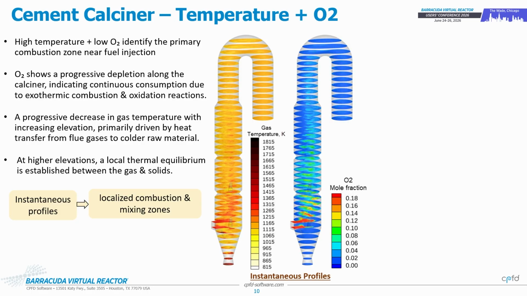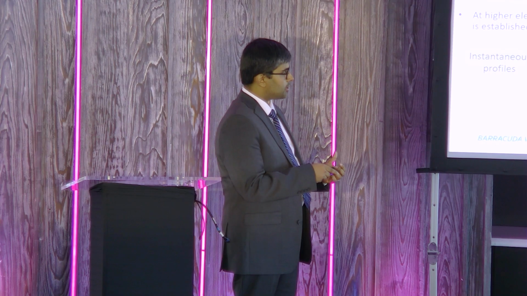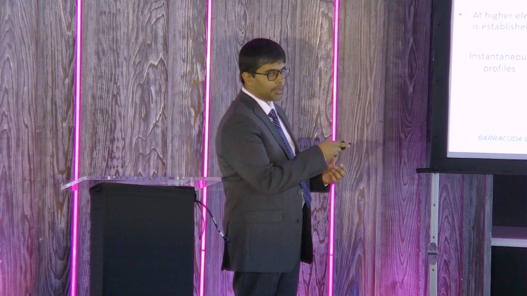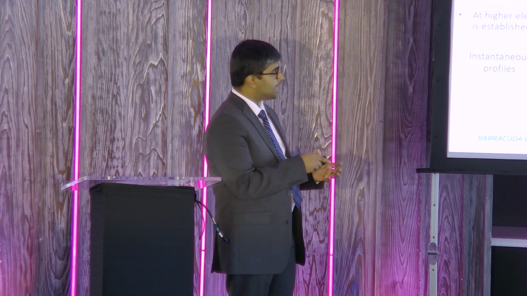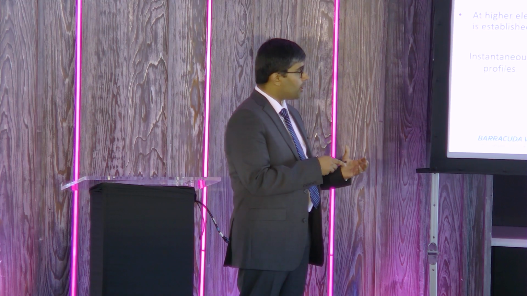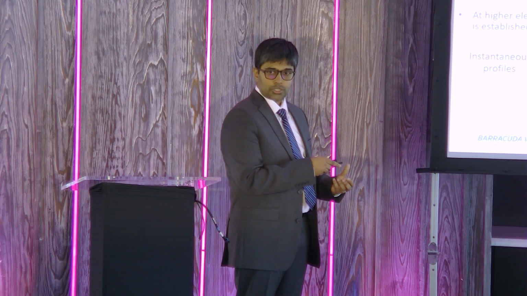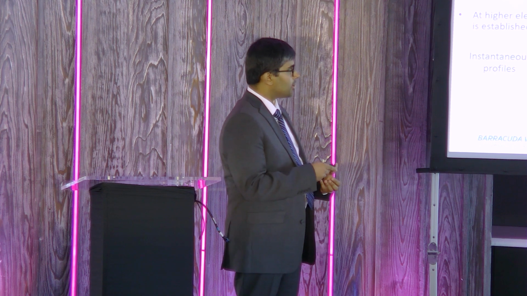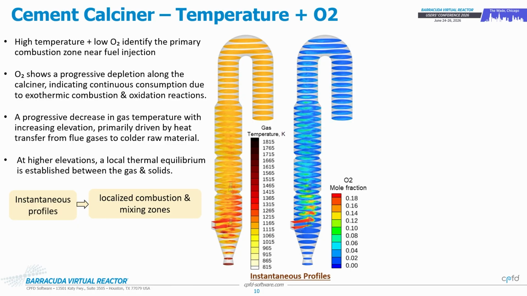Especially with the gas temperature, you see that there's a spike, there's a lot of combustion happening, and then there's a gradual decrease in the temperature. This is because these hot flue gases are exchanging heat with the colder raw material coming in through the chutes. So there is a drop in the temperature. Overall, the instantaneous profiles can help us to visualize these localized combustion zones and also the mixing profiles.